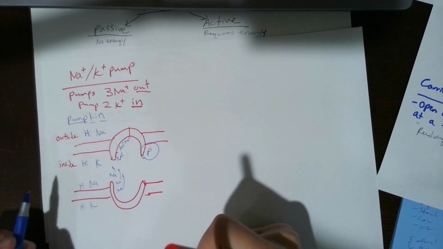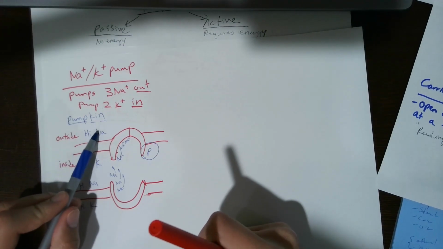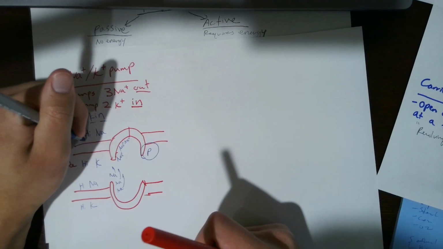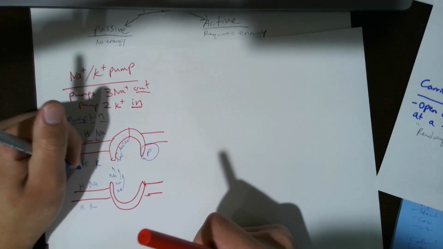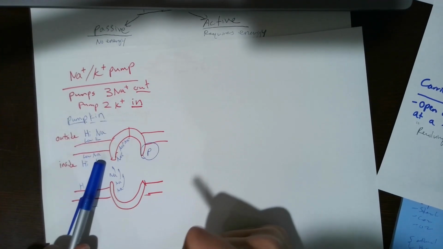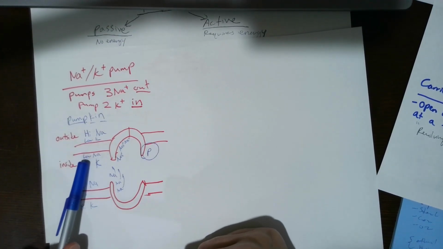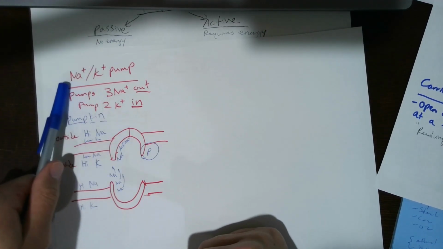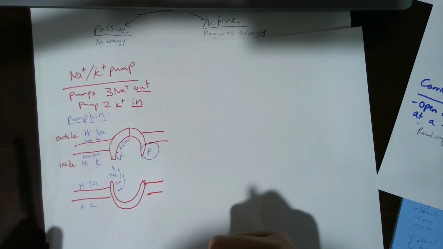So notice how sodium was high on the outside, and it's low on the inside. So the inside is low sodium. But since we're moving sodium from low concentration to high concentration, that's requiring energy. That's what makes it active transport.